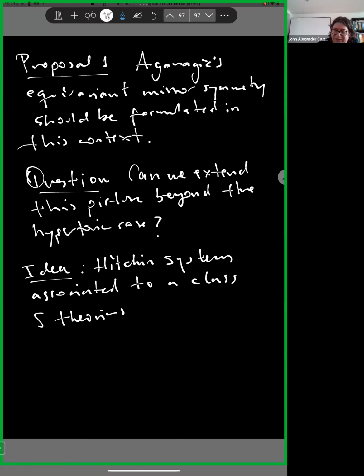So the efficiencies associated to a class of studies also appear in the four-dimensional n equal to context.